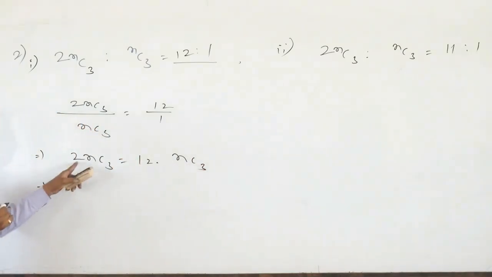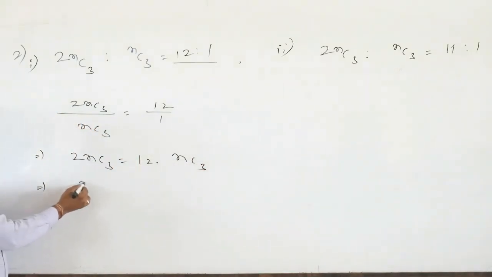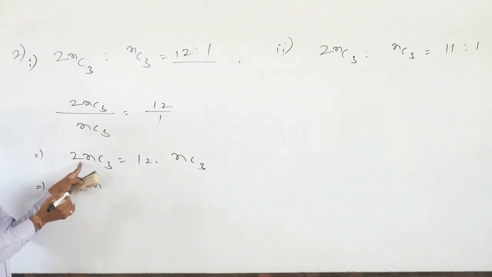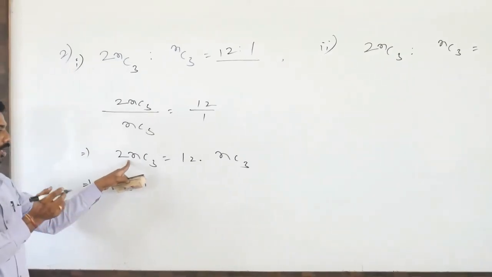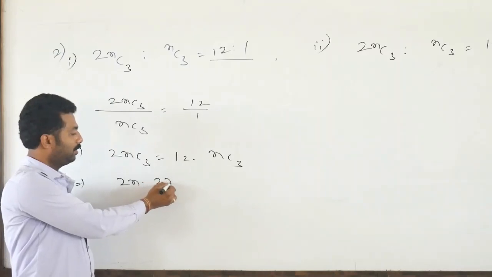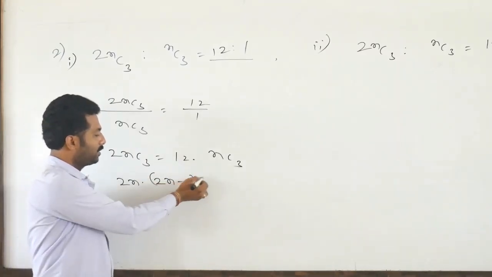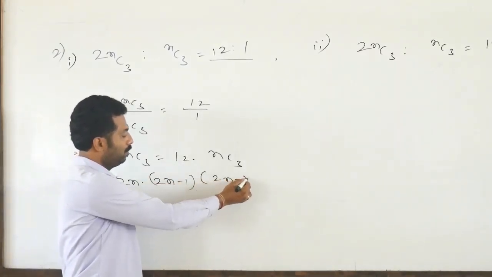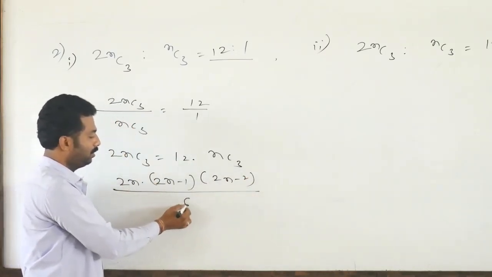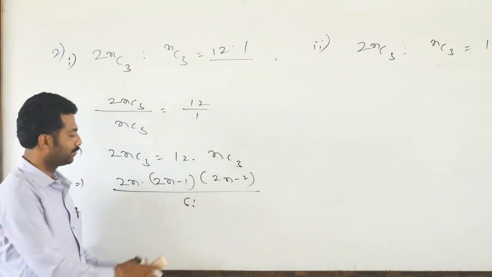Just apply the nCr formula. 2nC3 means 2n, and we reduce 2 times: 2n, 2n minus 1, 2n minus 2, divided by 3 factorial, nothing but 6.